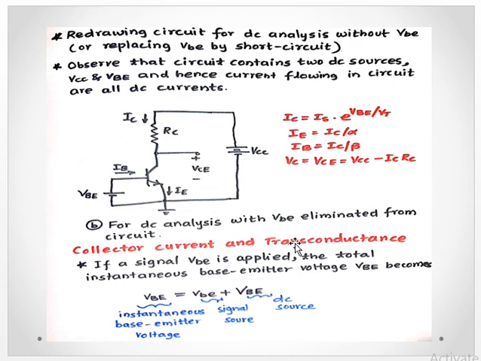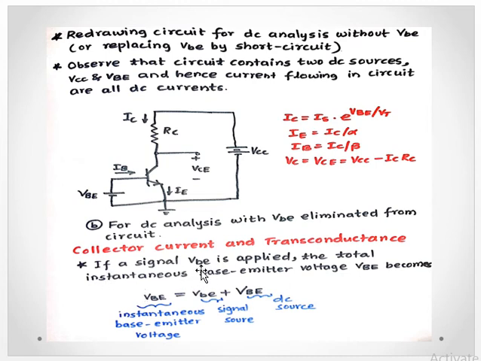The collector current and transconductance. We first concentrate on collector current and transconductance. Conductance means I by V. Resistance means V by I. So transconductance is the ratio of I by V only.